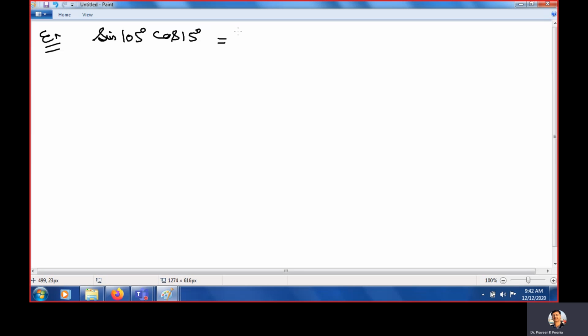A mixture of sine and cosine means it will be sine(x plus y) plus sine(x minus y). So whenever we have sine and cos, it is always sine with plus and minus.